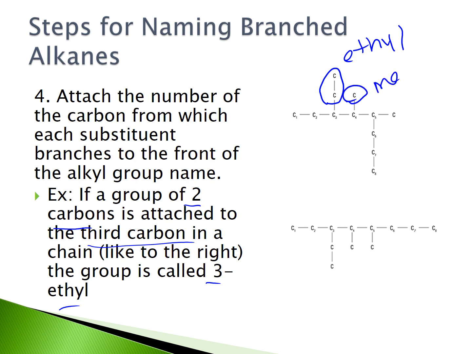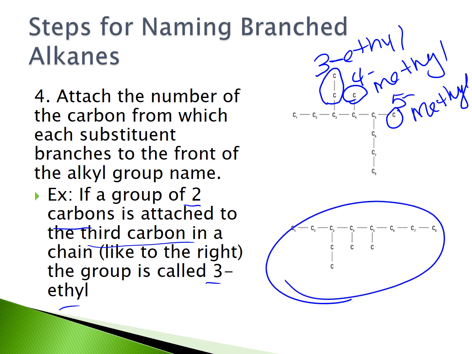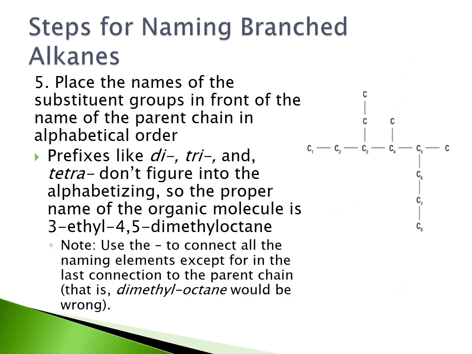This is methyl. And this is methyl. So right now I have the ethyl at 3, so you write 3 dash. Methyls are found at 4, so that'd be 4 dash, and this methyl would be at 5 dash. Exact same thing would happen down there.